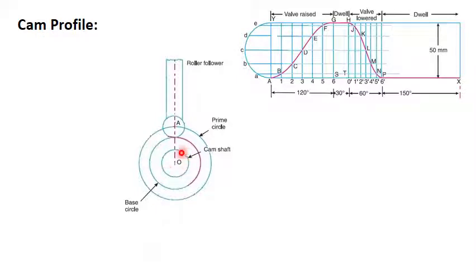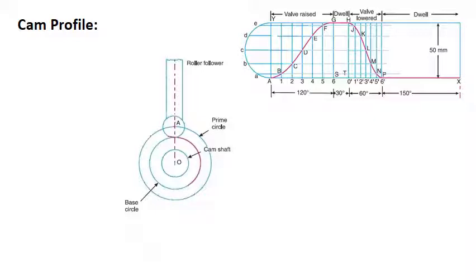It is given that the diameter of camshaft is 25 mm. So radius is 12.5 mm. Taking this as center and radius as 12.5 mm, we have drawn this camshaft. Anyway, we are not using this circle for drawing the cam profile, as the dimension is given. Anyway, we have drawn it. So this is the prime circle which is drawn through the center of roller.